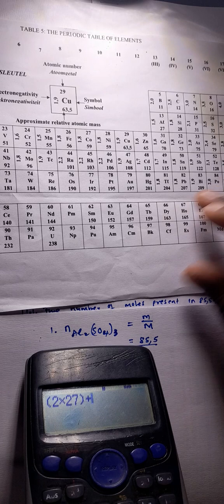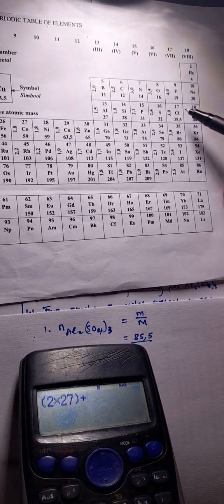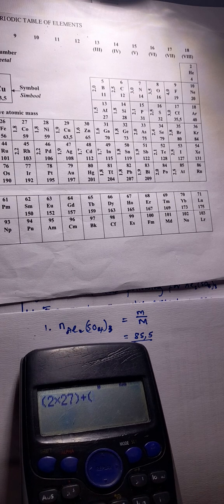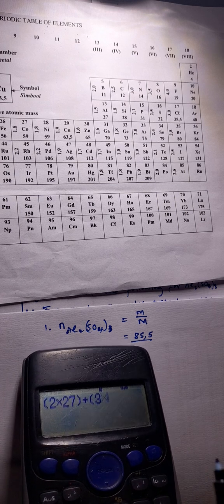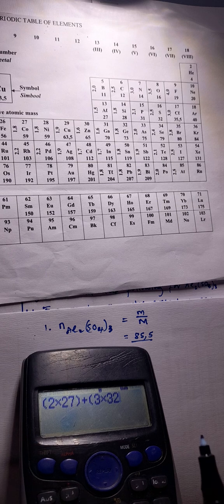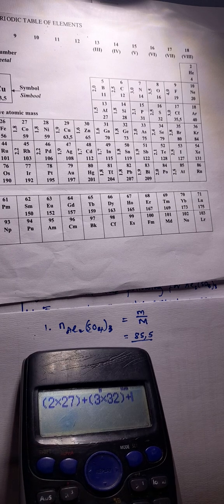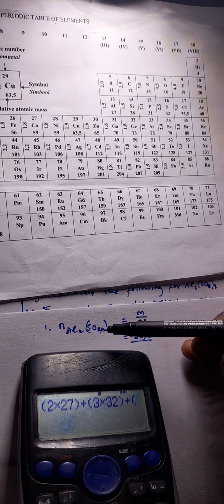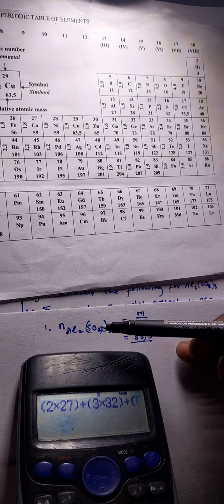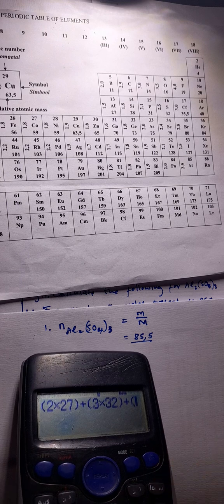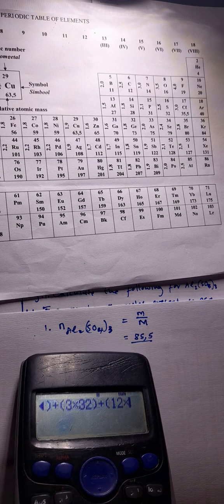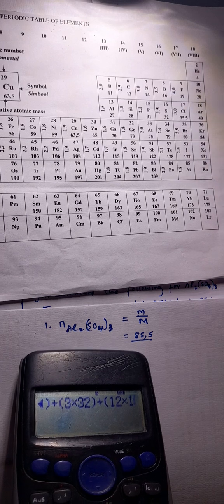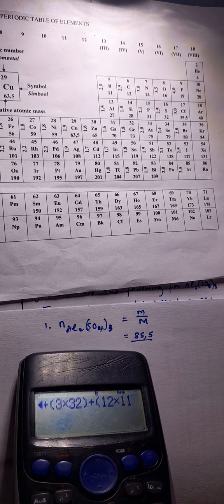Sulfur, it's 32. So you're going to have 3 times 32, plus, what else do you have? 4 times 3 is 12. So you have 12 atoms of oxygen. 12 times each oxygen atom has a molar mass of 16 grams per mole. So that's 16.